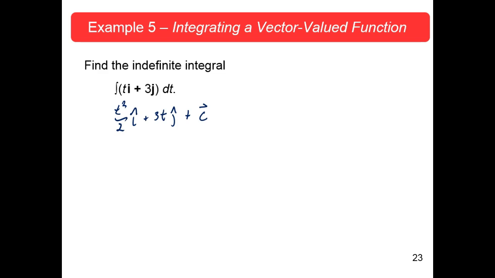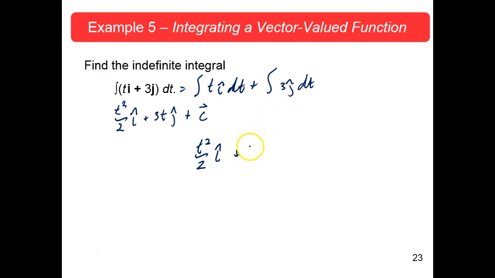Just talk through that backwards again, say why that's the antiderivative. Okay. You could have split this into the integral of t i dt plus the integral of 3 j dt, right? And you did this one right. That would be t squared over 2 i.